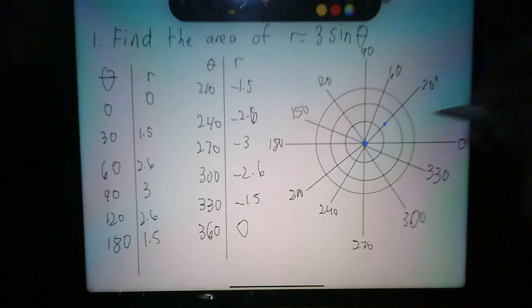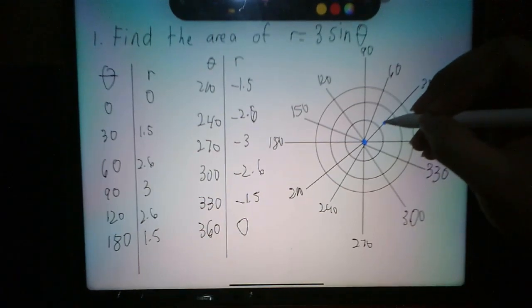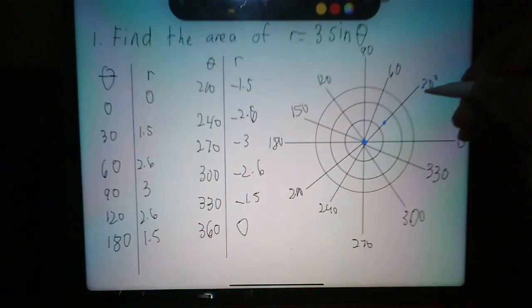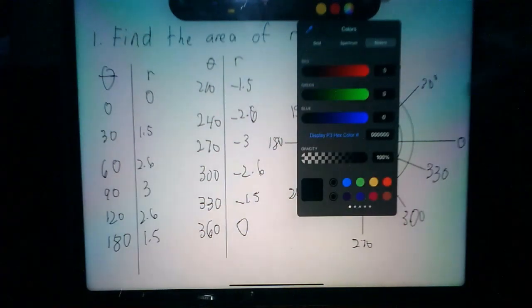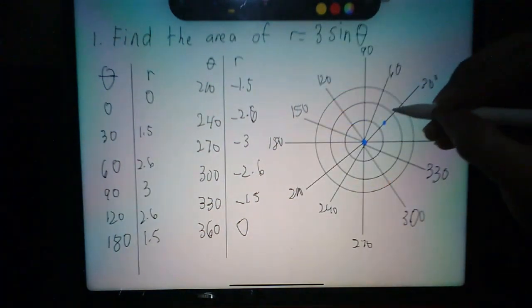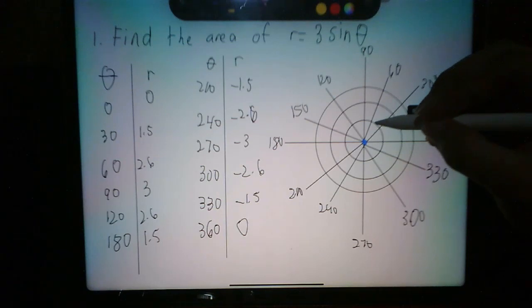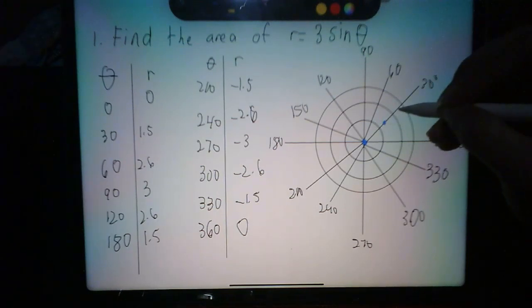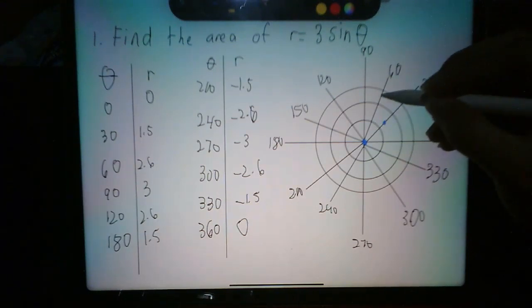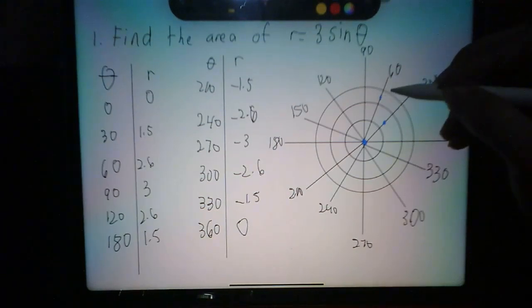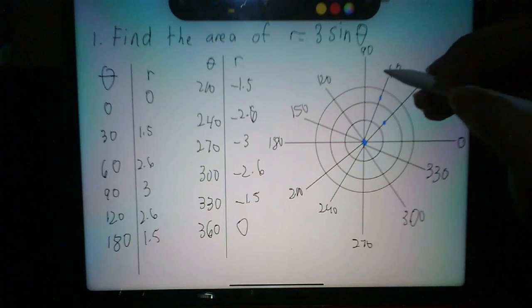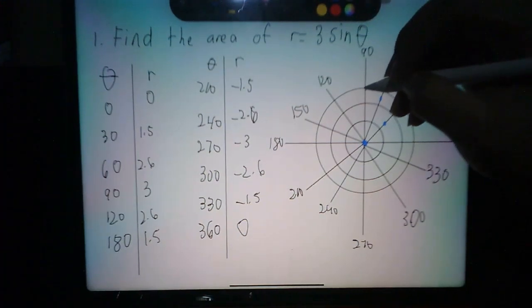Can you see it? Let's make it bigger here. And 60 is 2.6, so this is 2. First circle, second circle. Let's put it here. And 90 degrees is 3, so in the third circle.